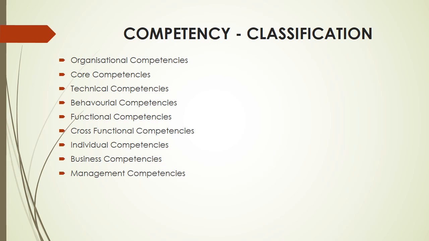Cross-functional competency is defined where an employee has the skills and abilities to work in multiple functional teams. So an employee could be efficient in finance, marketing, operations, HR. So the employee would have an overall competency of working in more than one department.